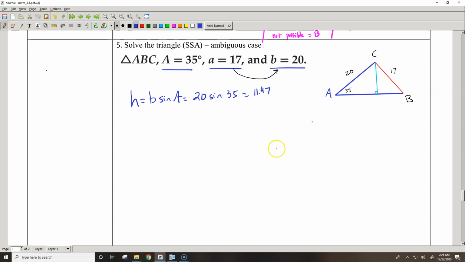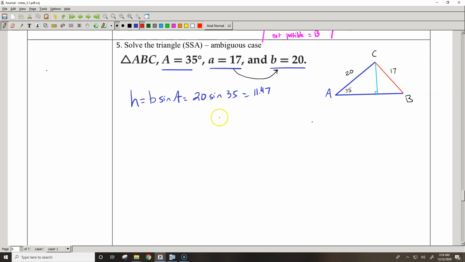Well, remember our A value is 17, so our A value is greater than the height, which means we're definitely going to have two solutions here. If the A value was less than the height, we would know that we have no solution.